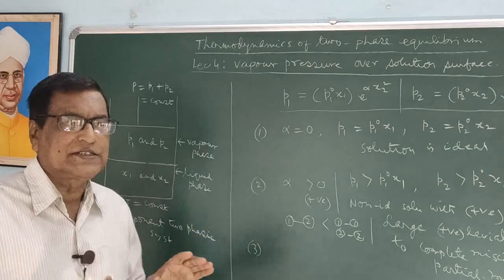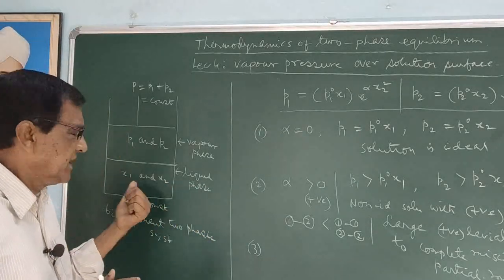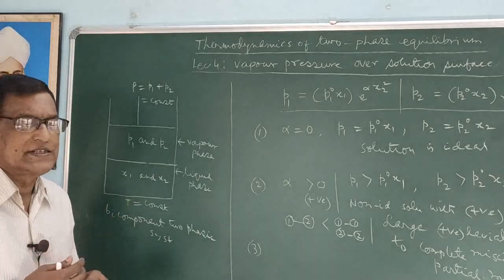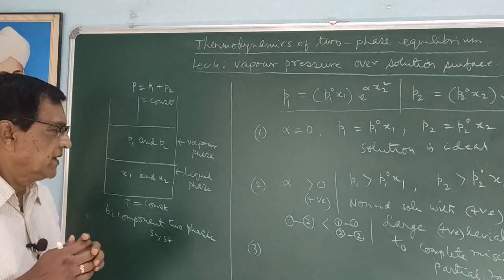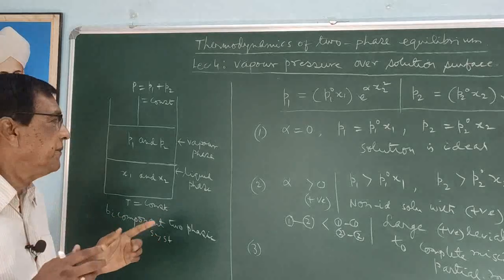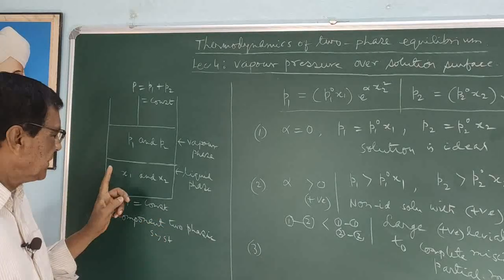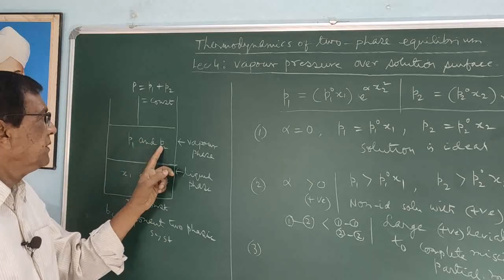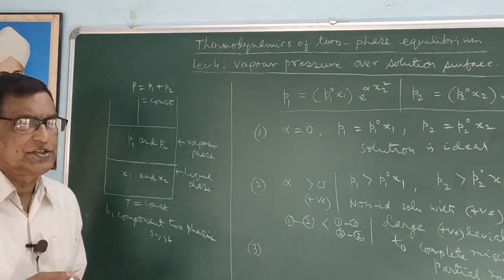The compositions x1 and x2 depend on our choice whenever the solution is being prepared. So whenever x1 and x2 are fixed and temperature is fixed, P1 and P2 are also fixed.